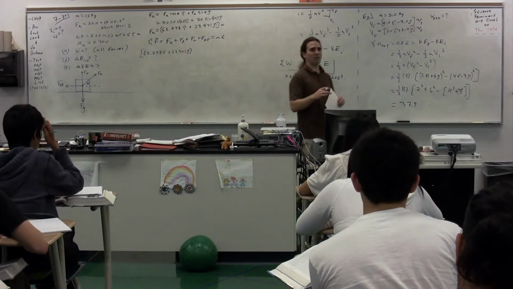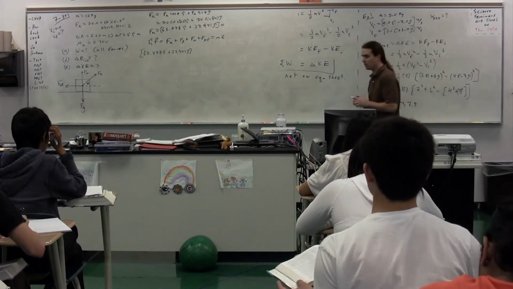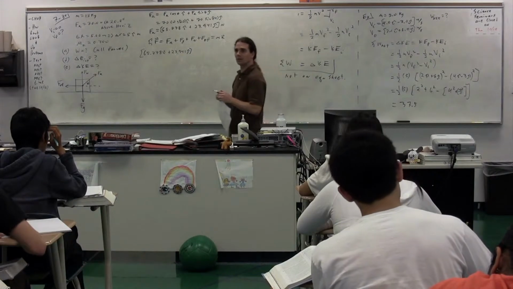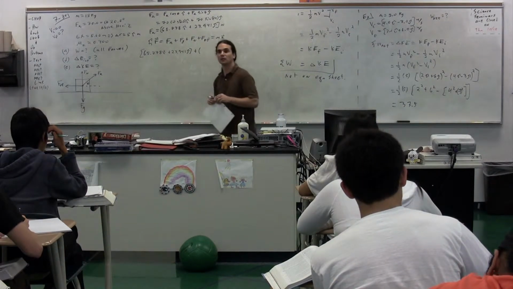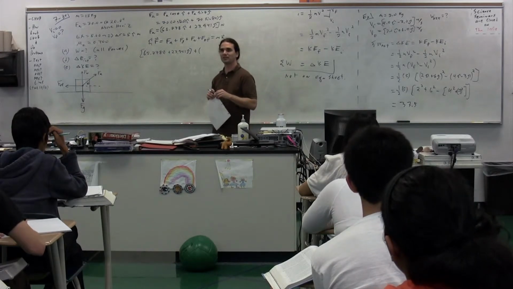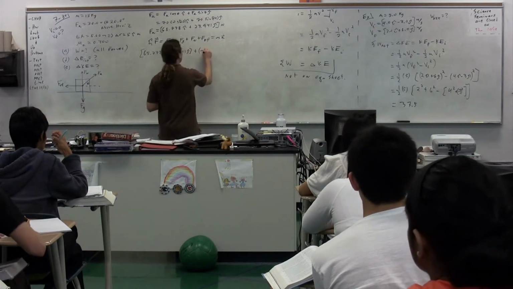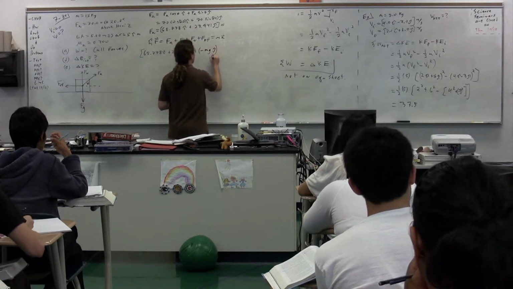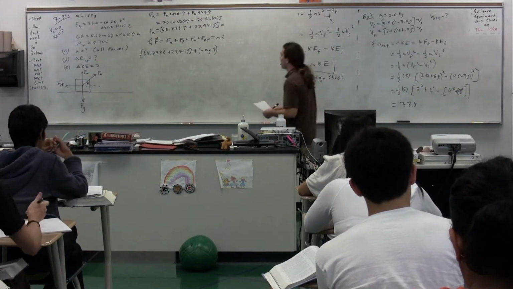What is the force of gravity in terms of i's and j's? It would be 0 i. I'm not going to write the 0 i, but yes. Negative mg times j, because it's in the negative y direction, where g is the acceleration due to gravity.